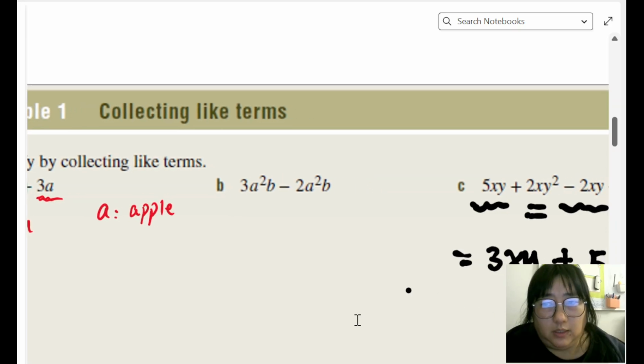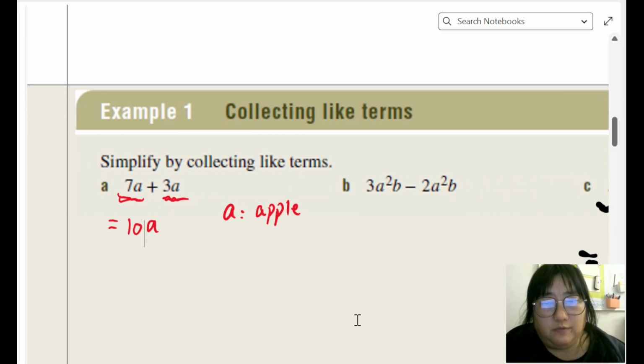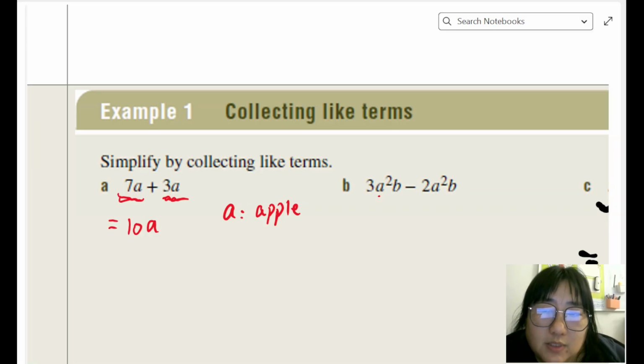And also here, we have other things you can find out. They have A squared B and A squared B. We still check: we have the same letter A, and 2 is the power of A, and we have the same letter B. There's no power written here, which means the power equals 1.